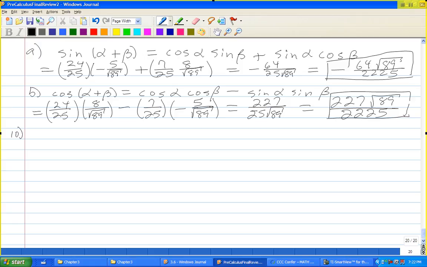Okay, 10. Find the exact value of tangent of sine inverse 12 over 13 plus cosine inverse 1. Okay, so tangent of alpha plus beta is sine over cosine.